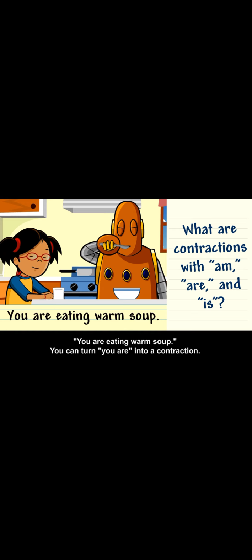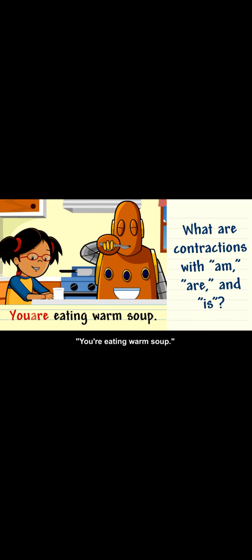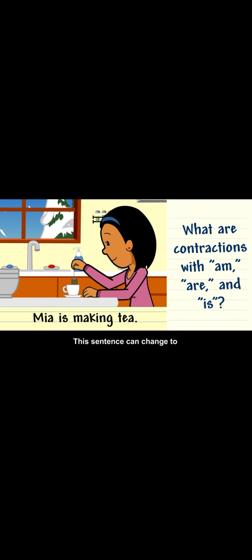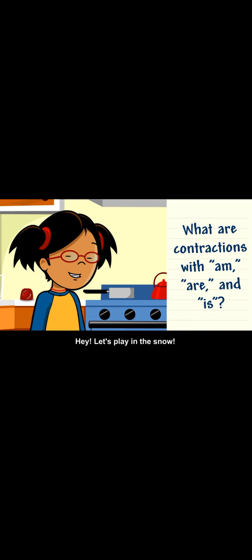You can turn you are into a contraction. You're eating warm soup. Mia is making tea. This sentence can change to Mia's making tea. Hey, let's play in the snow.